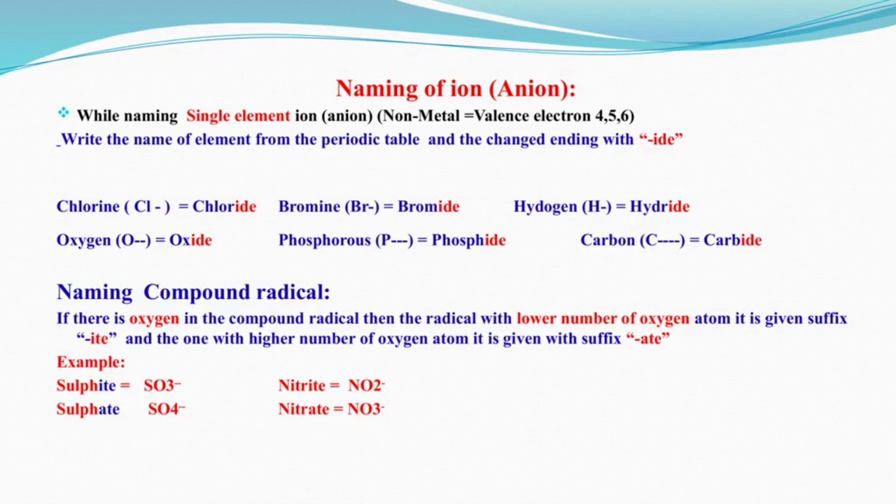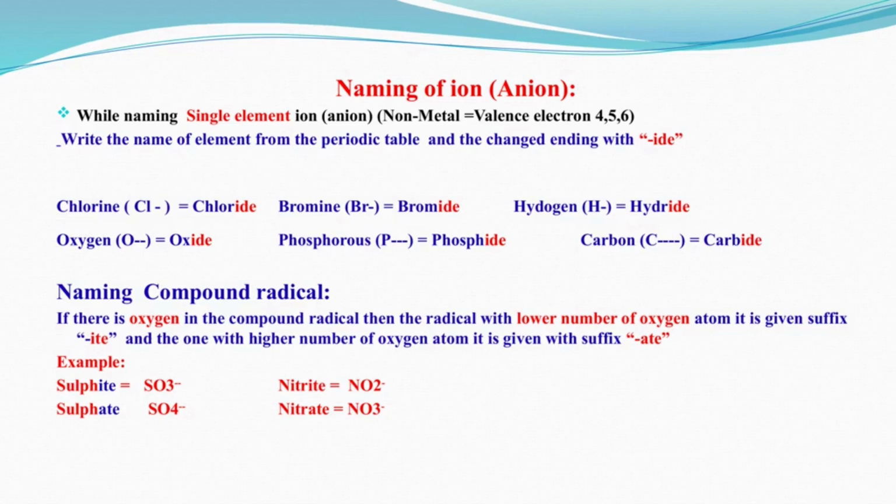So sometimes if hydrogen comes in front of a particular radical, then bisulfate and sulfate differ. The sulfate formula is SO4 2 minus, and bisulfate is HSO4, so their valency may be different.